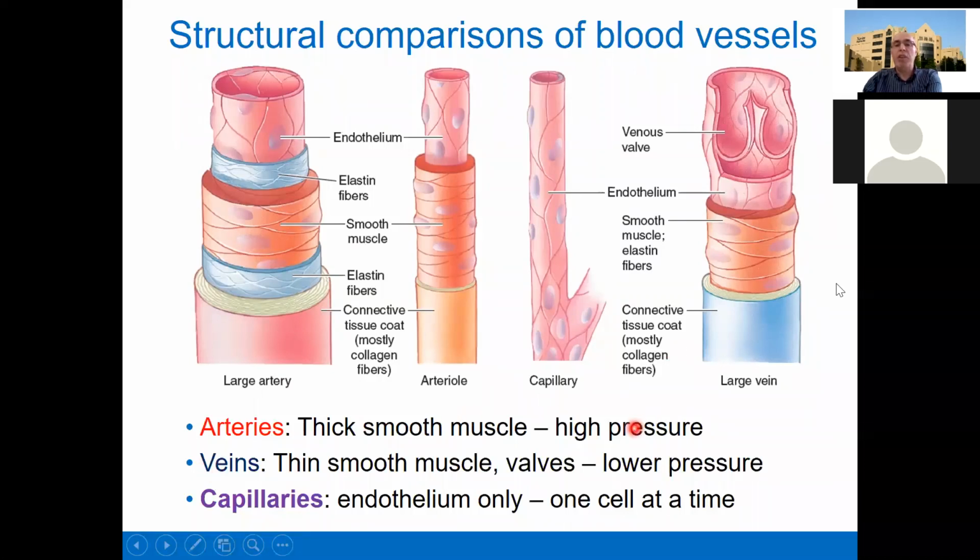Veins, as you see here, these large veins and these capillaries, have thin smooth muscles, and also they lower the pressure. Once we have thick smooth muscles, they create high pressure, but veins have thinner smooth muscles and they lower pressure. Capillaries, as I said, are only one cell thick layer, and they are able to exchange nutrients and gases.